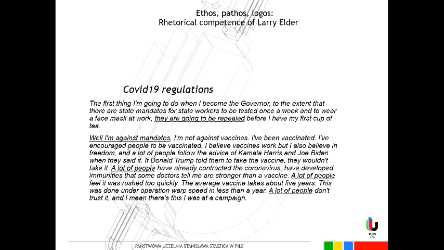Another hot topic was, of course, the COVID-19 regulations. And here again, we were trying to establish which elements of ethos, pathos, and logos were actually most visible as a strategy employed by the speaker.